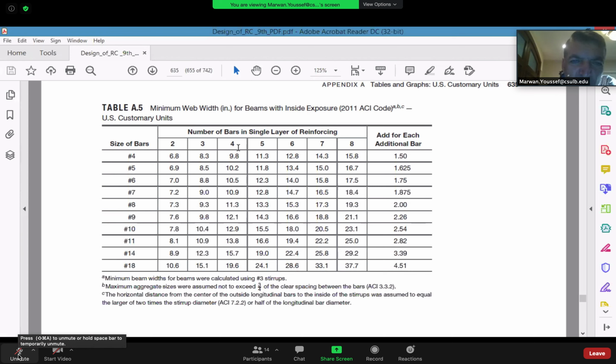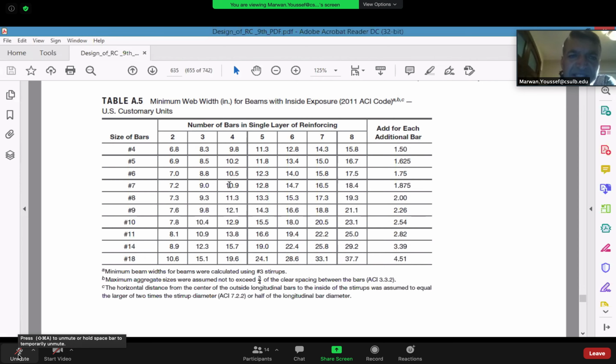So 4 number 6 bars, you need 10.5 inches of beam. So if your beam is 12 inches, you're okay. If your beam is 9 inches, you're not okay. And the idea of this minimum width is we want to make sure the spacing between the bars is per code. Okay, so this is a very important table here.